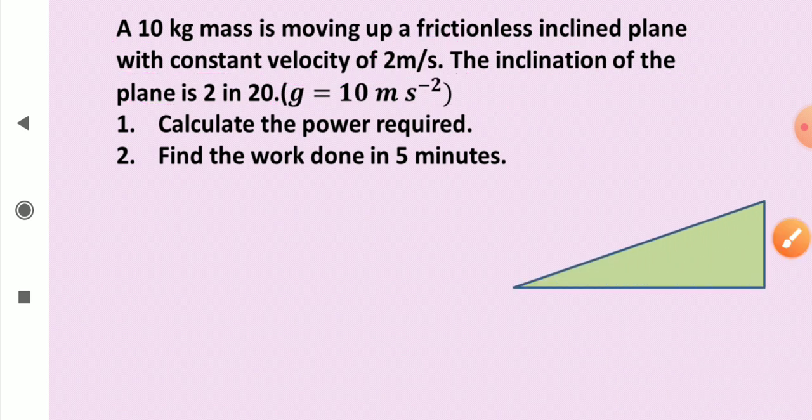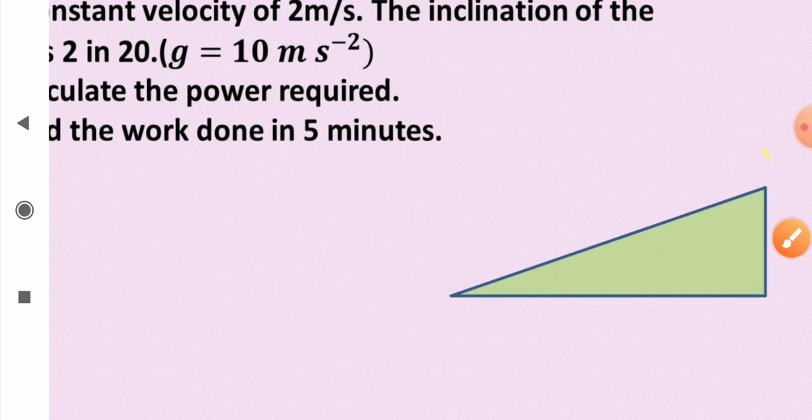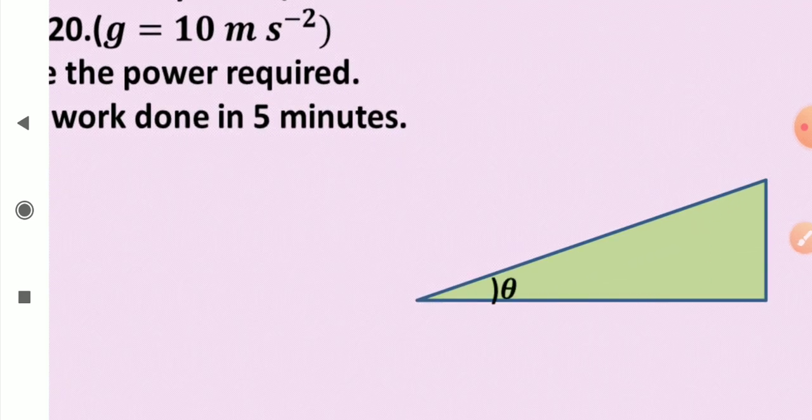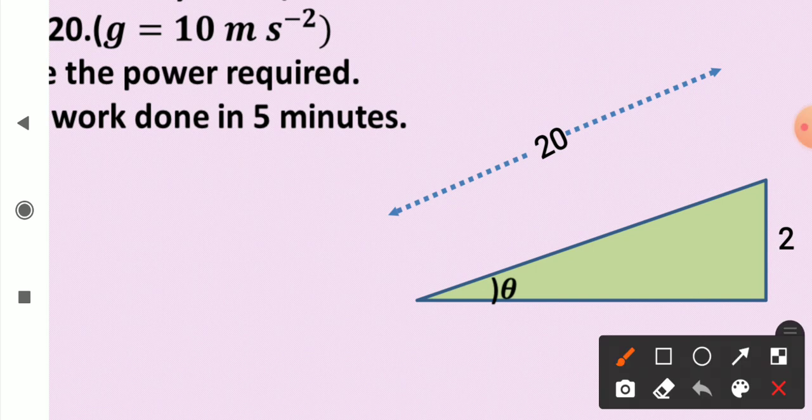So let's see. Let this be the inclined plane at an angle theta, and according to the question the inclination is 2 in 20. So when we say inclination 2 in 20, it means when you move 20 meters up the inclined plane, its vertical height becomes 2.